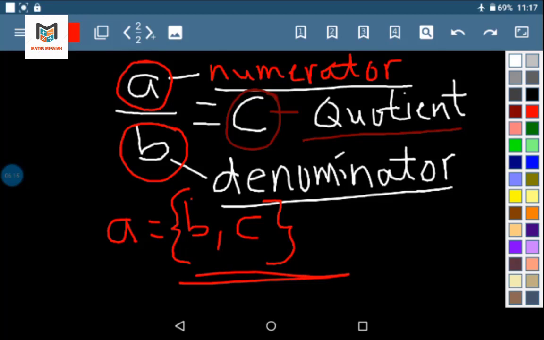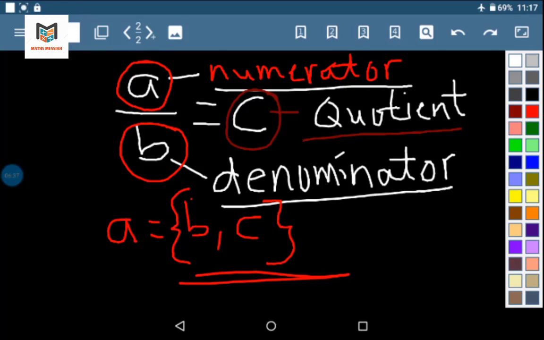In another way, we can also say that if you multiply two numbers, the answer that you will get, the two numbers that you multiply, they are all factors of the answer that you got.